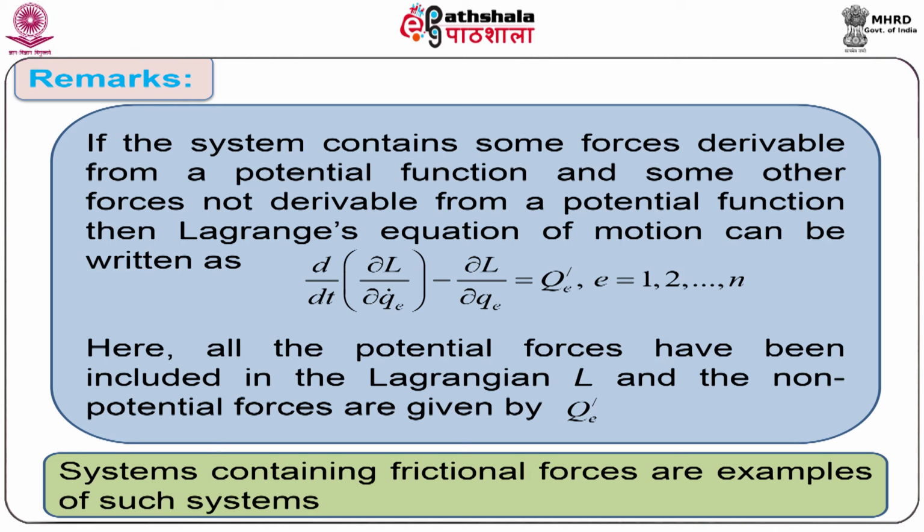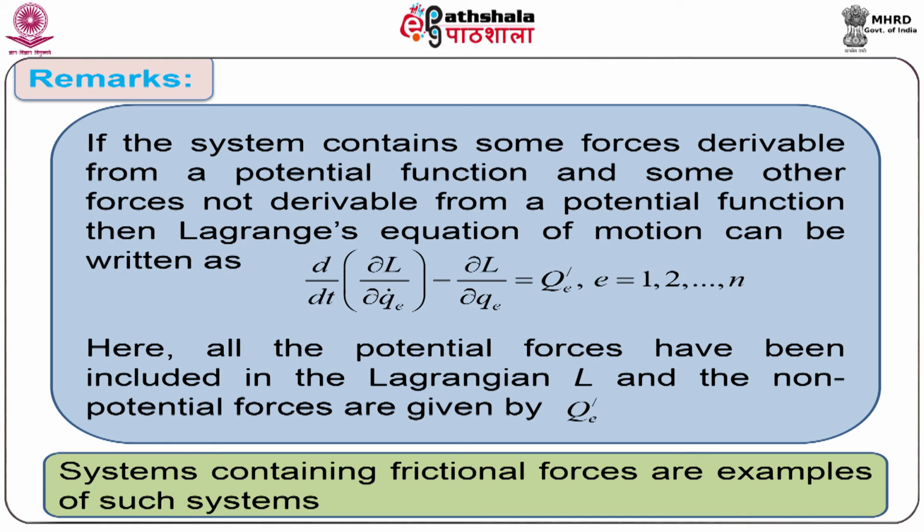One can remark that if the system contains some forces which can be derived from a potential function and some other forces which cannot be derived from a potential function, then Lagrange's equation of motion can be written as d/dt of ∂L/∂q̇_e minus ∂L/∂q_e equal to Q_e'. e varies from 1, 2 and so on up to n.